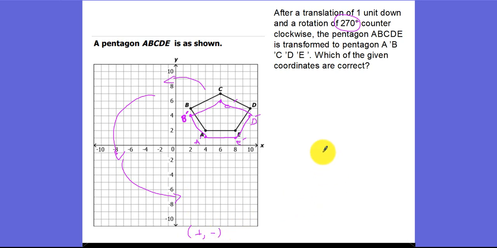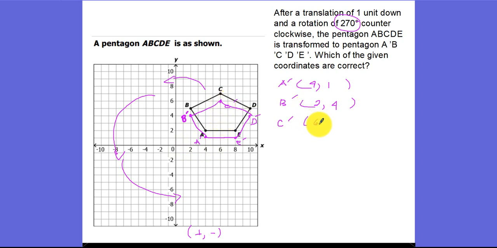Alright, now let's find our A prime. My A prime is 1, 2, 3, 4. Okay, that's 4, 1. My B prime is over here, so that's 1, 2 for my x. And then the y is 1, 2, 3, 4. My C prime, which is over here, 1, 2, 3, 4, 5, 6. 1, 2, 3, 4, 5, 6.